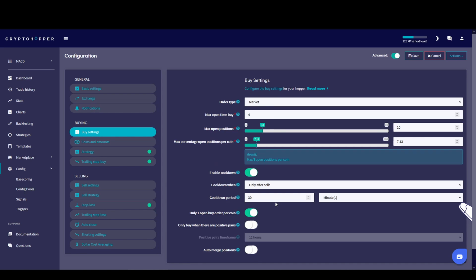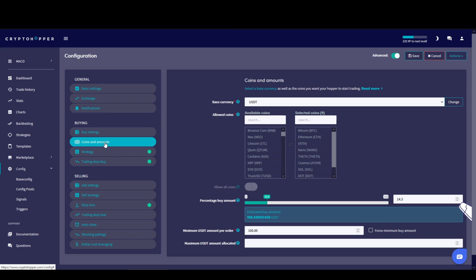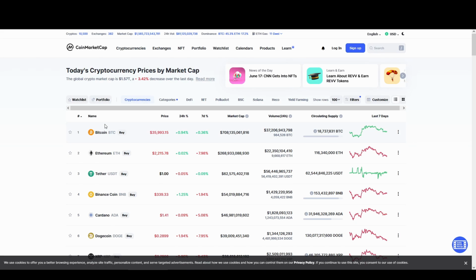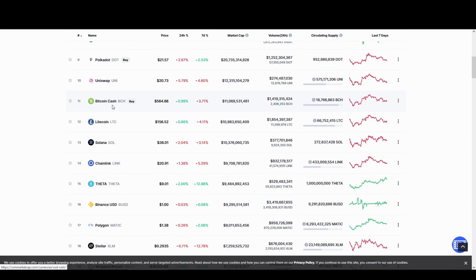Buy setting, this never changed since the beginning. Coin and amount. Now, this is important. Not every coin should be used in that kind of market. So what I would recommend is to use at least maybe the top 10 or the top 20 coins that you would find on coinmarketcap.com.